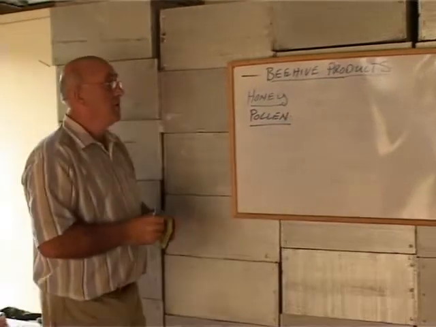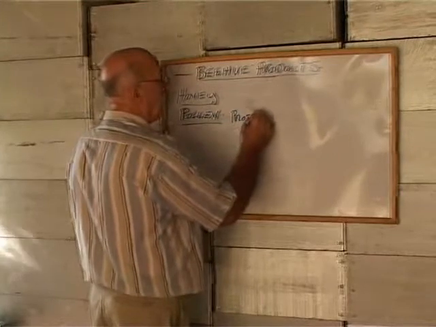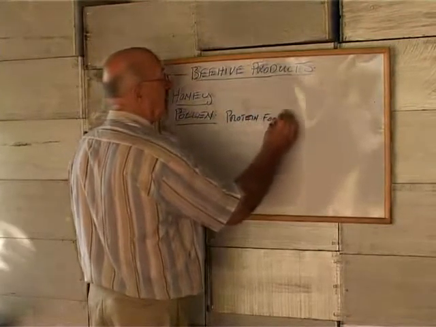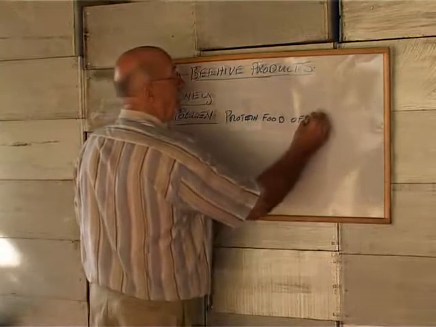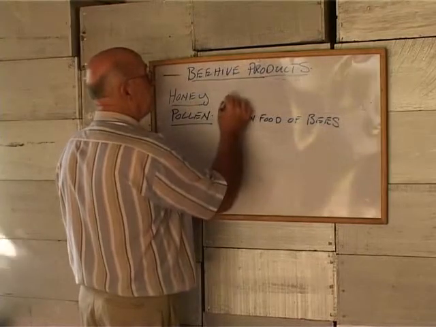Pollen is the protein food of bees. Honey is the energy food.